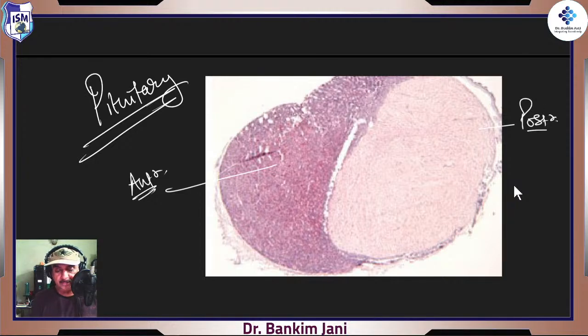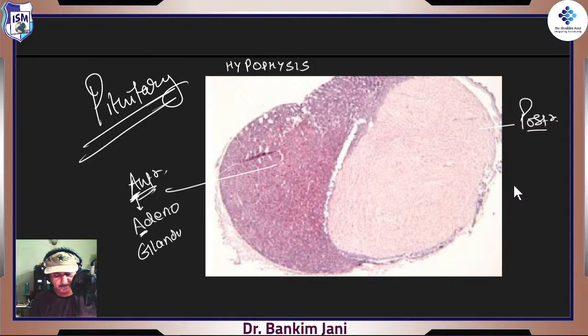What was the other name of the pituitary? Do you remember that? Hypophysis, right? Yesterday we talked about it. Hypophysis. And anterior, A for A, right? Anterior is adeno. Adeno means it is glandular.